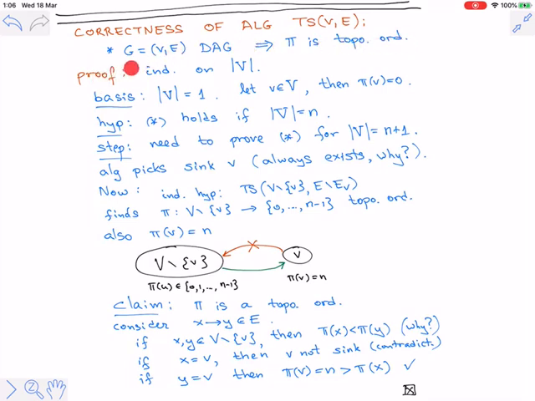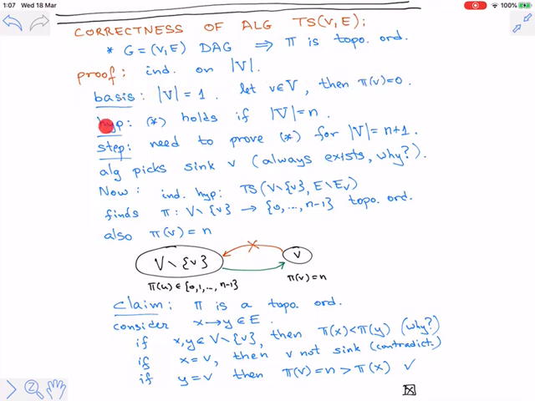The algorithm is a recursive algorithm, so the proof will proceed by induction on the number of vertices. The induction basis for the case that the number of vertices equals 1 is very easy, because we take the single node in V and we assign pi of V equals 0, and clearly this is a valid topological ordering because there are no edges in the graph.